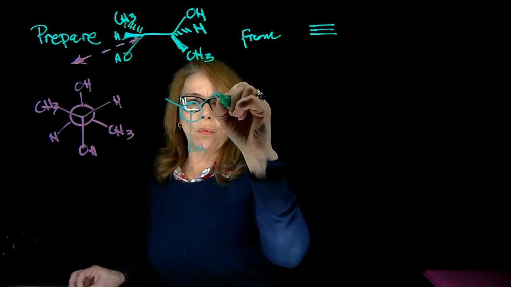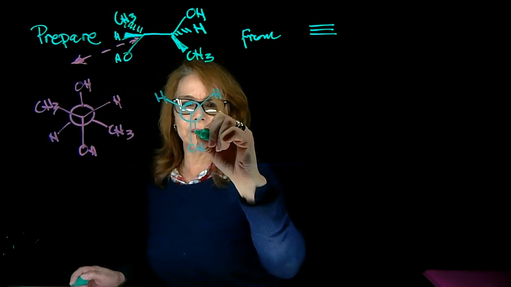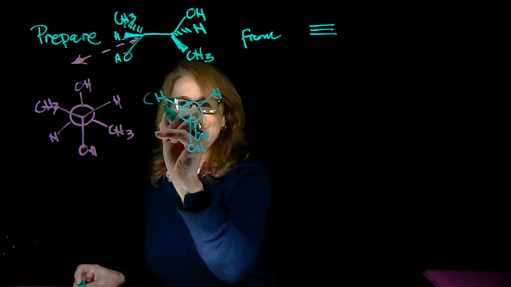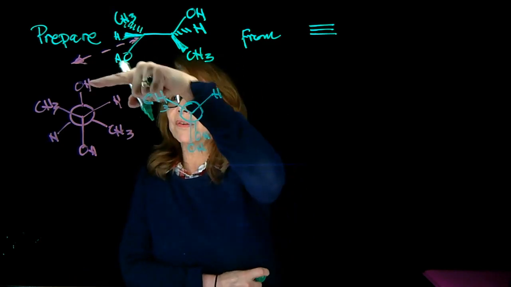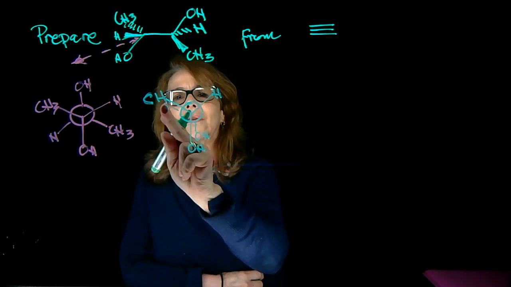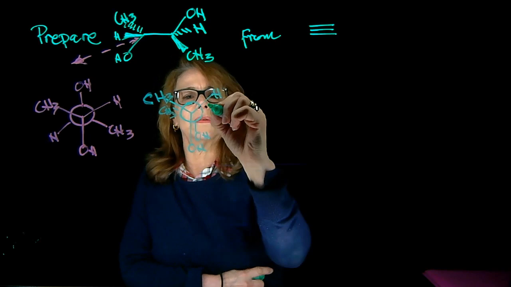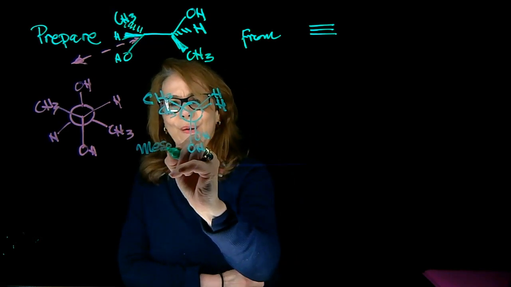Keeping the one in the front the same, we can put the other OH in the back. I forgot to write that this is a CH3. When you rotate that, there is another methyl group eclipsing the methyl, and here 2 H's. So that is a meso compound.